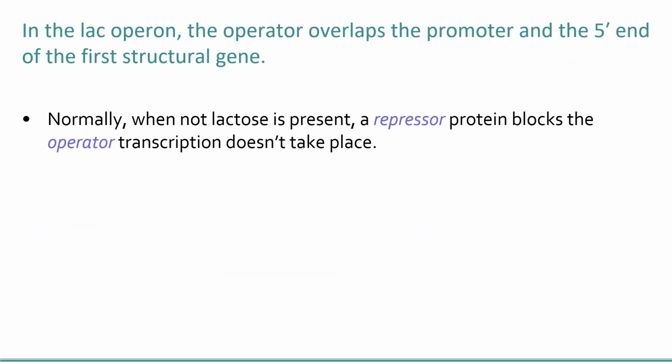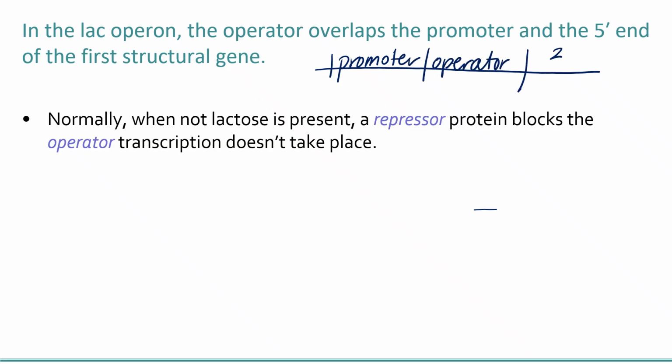So the lac operon is going to be our operon with a promoter at the beginning, followed by an operator, and then 3 structural genes. So we won't worry about those just quite yet. The operator overlaps the promoter and the 5' end of the first structural gene.